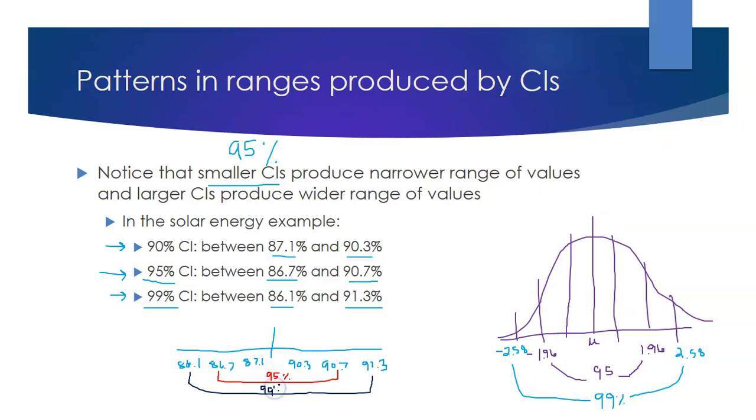It makes sense that the range the 99% confidence interval produces is wider, it's bigger than the range the smaller confidence interval produces. Okay? That is just a pattern I wanted to show you to give you a little more understanding of confidence intervals and how all of these things connect.